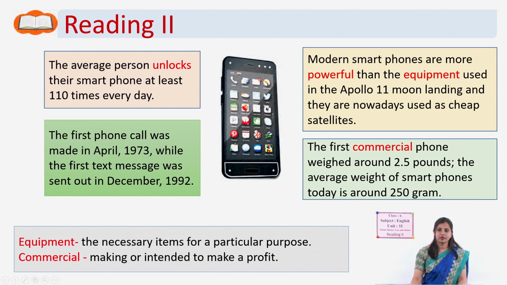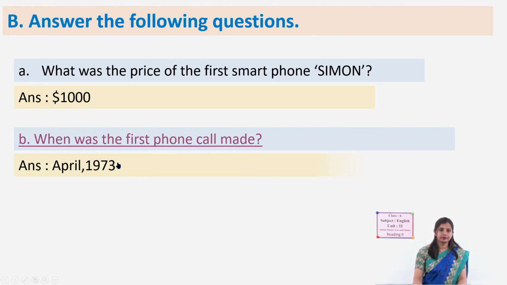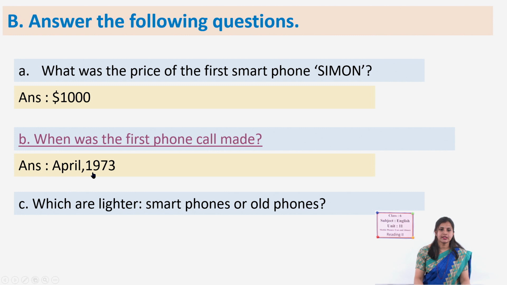Okay. So what is the answer? April 1973. Please write in full sentence. These are just the keywords so that it can be easier for you to write. You have to write the first phone call was made in April 1973. All right. Okay. So question C now.